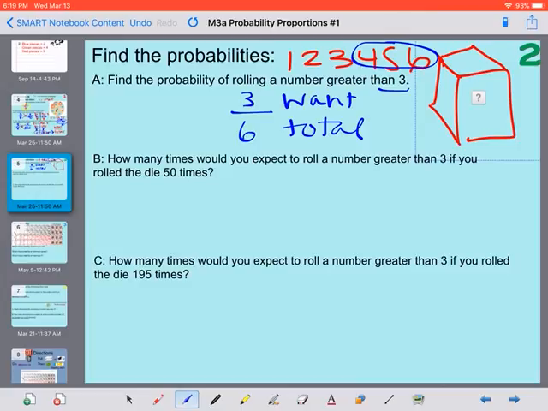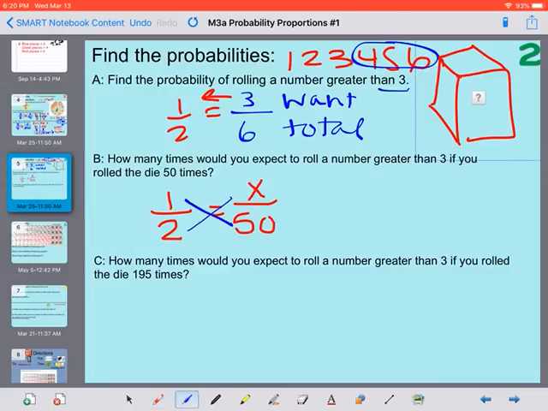Now, how many times would you expect to roll a number greater than 3 if we roll the die 50 times? Well, we could simplify this. This is really 1/2 if we divide by 3. So half the time we should get a number greater than 3. So how many times should we if we roll it 50 times? Some of you can do this without cross multiplying, because this one may be more common sense.